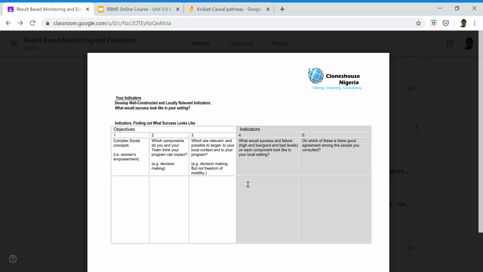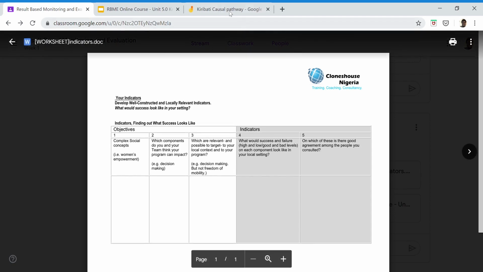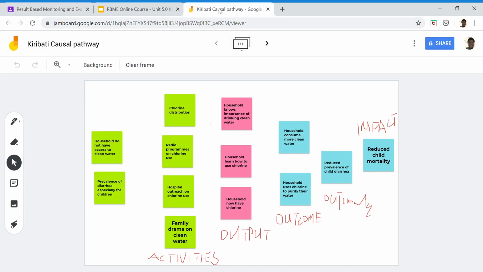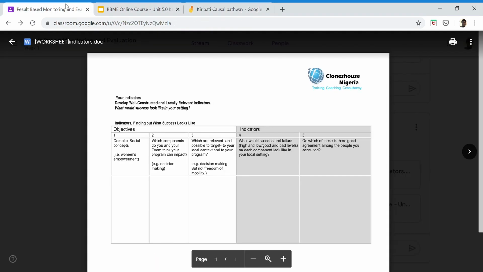Then go to the indicators. What will success and failure, how high and low, good or bad levels on each component look like in your local setting? So put your indicators here. Put the concept, which is any one of these, in the sheet.